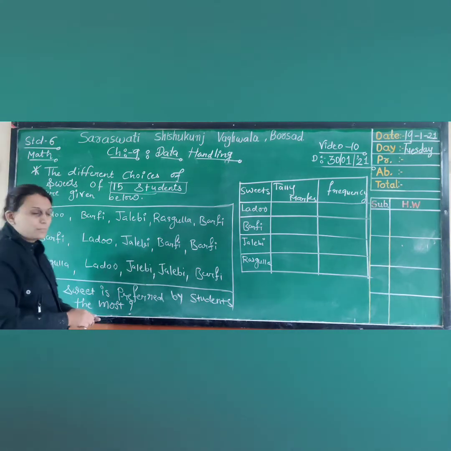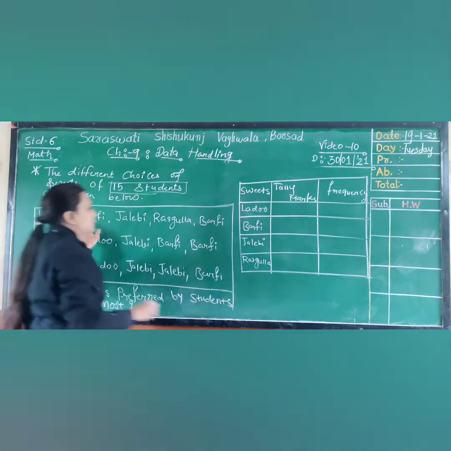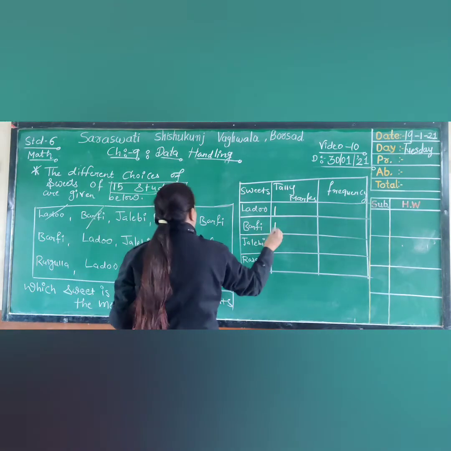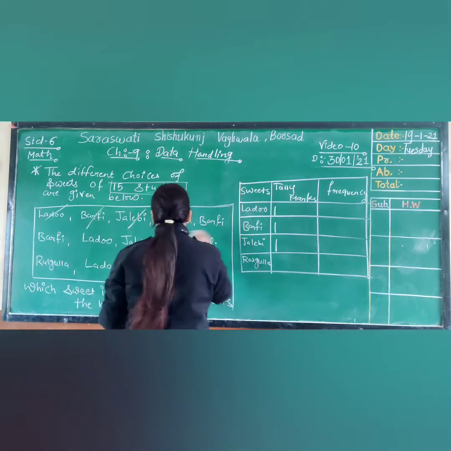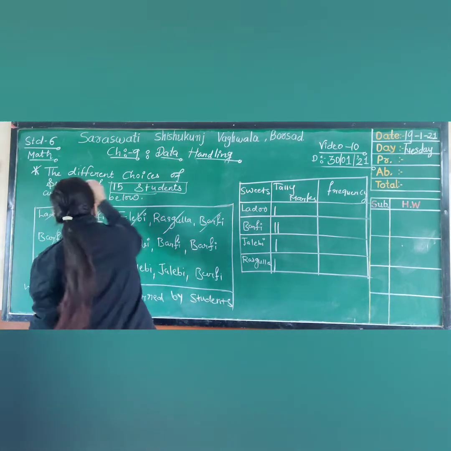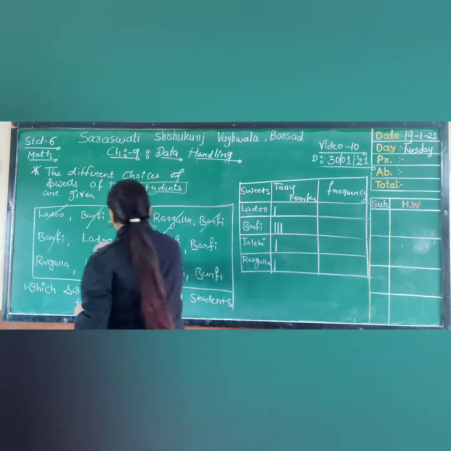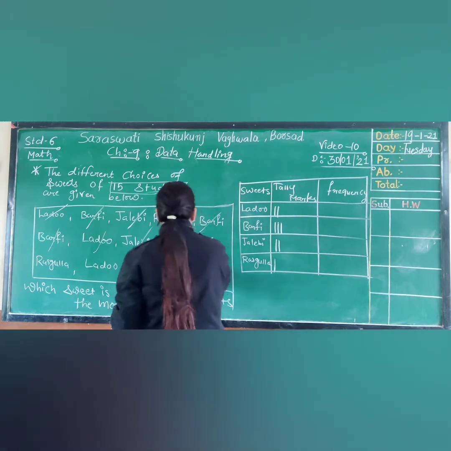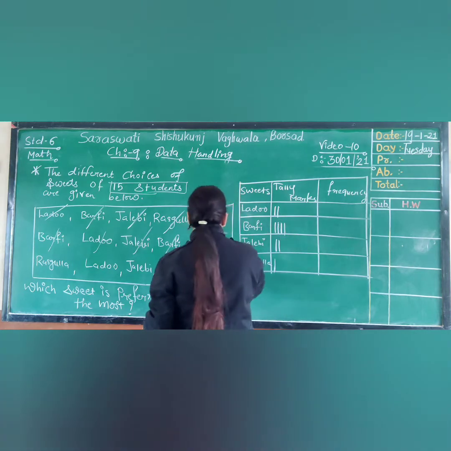So same way we have to apply. First is laddu. Then barfi, then jalebi, then rasgulla, then again barfi, then again barfi, then laddu, then jalebi, then barfi, then again barfi.